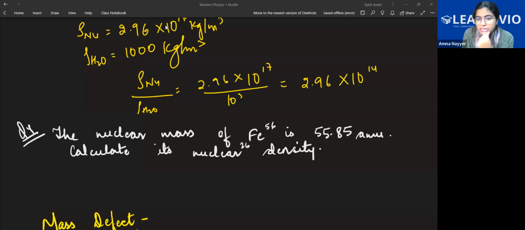Mass is given. How to calculate the nuclear density? Yeah, Taha, what do you think? How should we proceed with the question? Rishita, you there in the class? Yes or no? Yes, ma'am. Okay. Yeah, Taha, anything that you think will work, the first step? Rishita, you also think meanwhile. Khadija, you too.